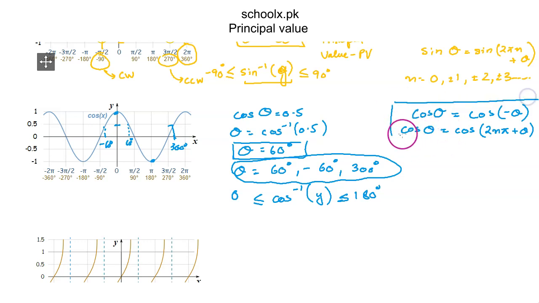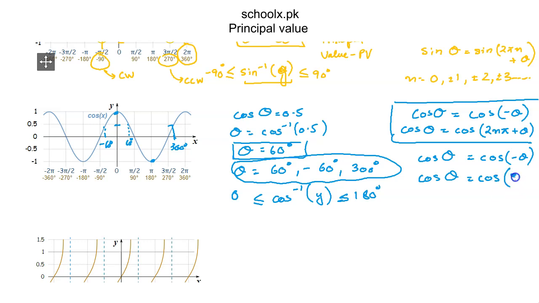Now if I write these formulas in terms of degrees, cos of theta equals cos of negative theta, and cos of theta equals cos of 360n plus theta, where n is 0, plus minus 1, plus minus 2, and so on. This is the principal value of theta, and the others are the other angles.